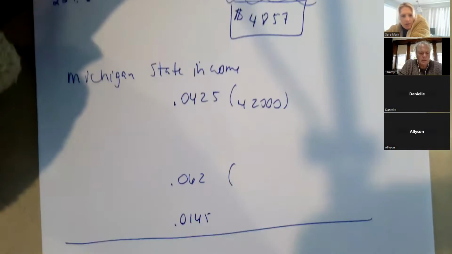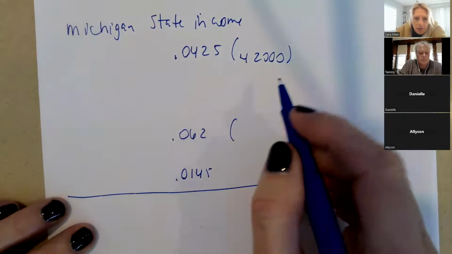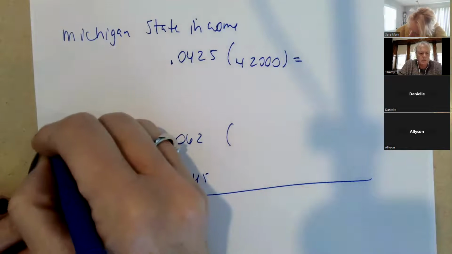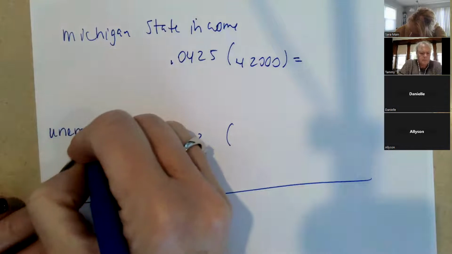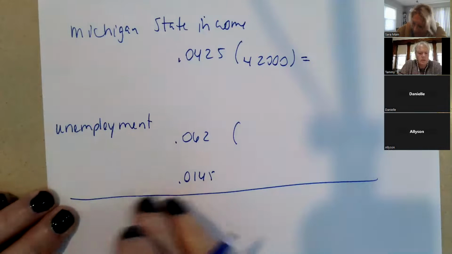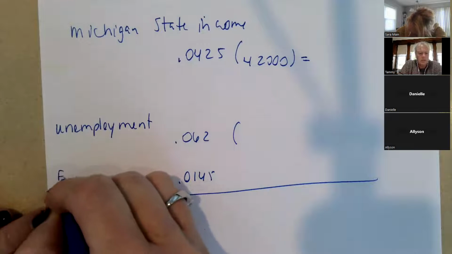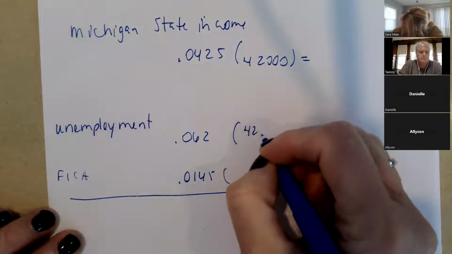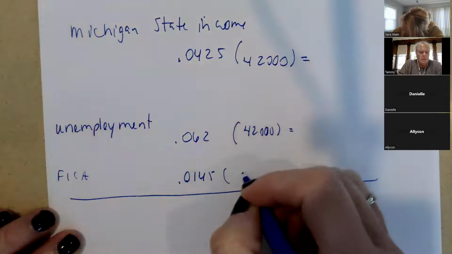This is what it would be. It would look for the state of Michigan income. And then this is the unemployment, is that right? And then this is the Medicare, Medicaid, I think, the FICA, they call that. And this is all of the 42,000.